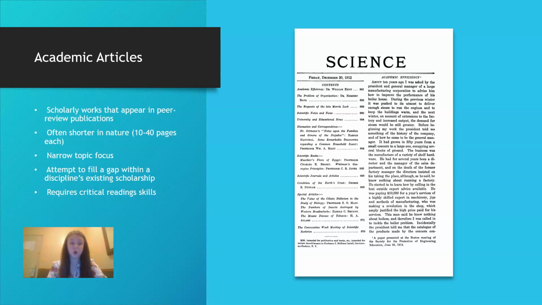These works are often shorter in nature and can range anywhere from 10 to 40 pages, depending on the discipline that you're reading in. It'll also have a narrow topic focus. For example, if you are writing on green energy, rather than green energy being the focus, it would be something very specific, looking at the applications of green energy in the desert, examining solar panels in southern Utah.